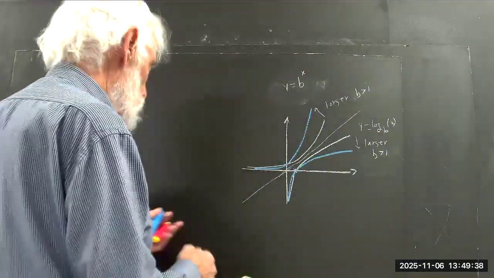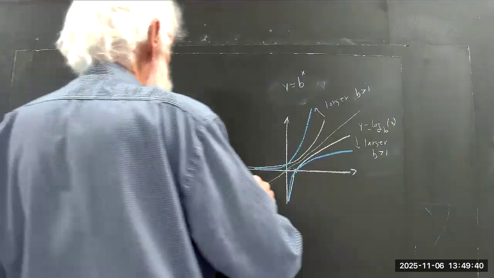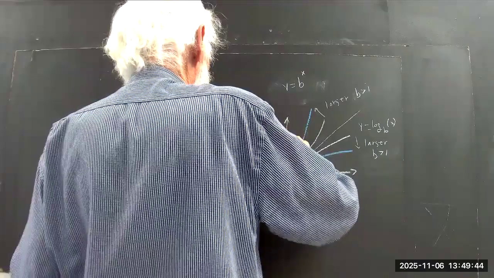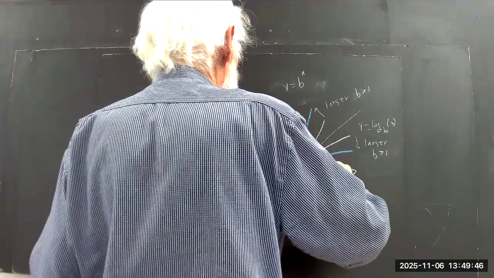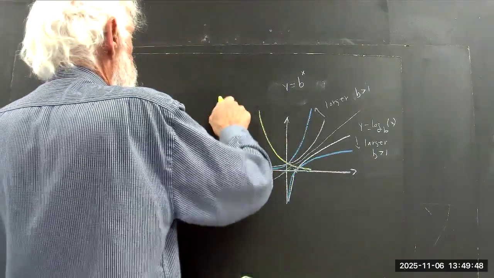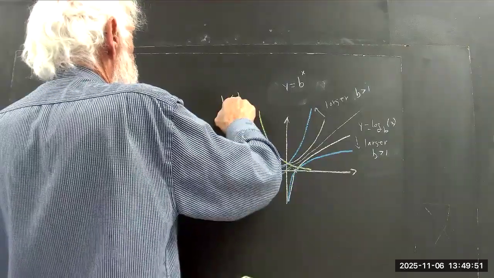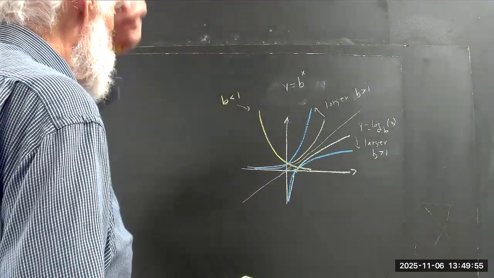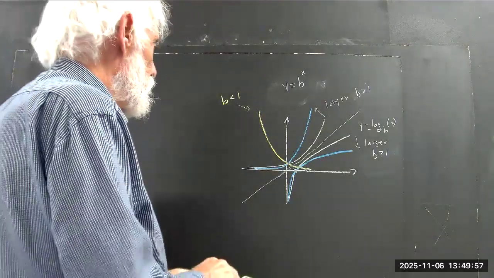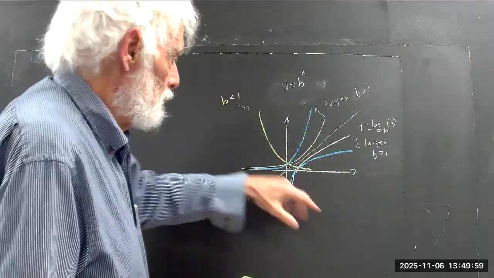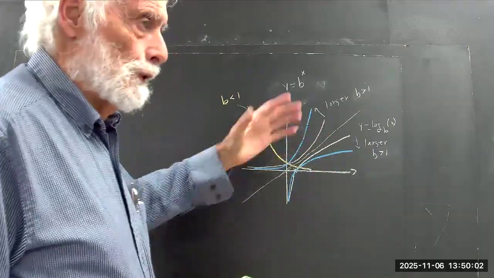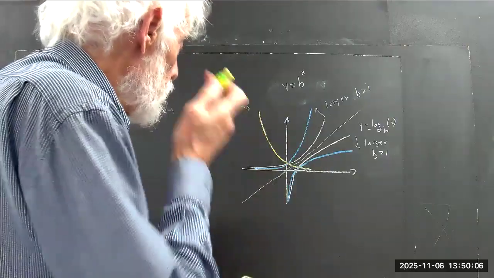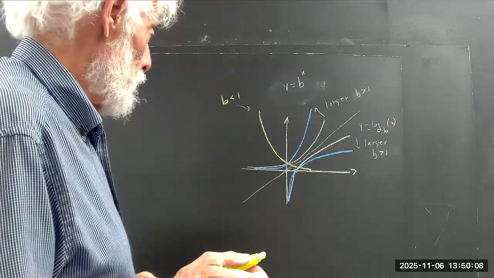Now, if B is less than 1, there's a graph, B less than 1. And I'm not going to indicate what's greater, but just a review of what the exponential graphs look like. So what the logarithmic graphs look like.